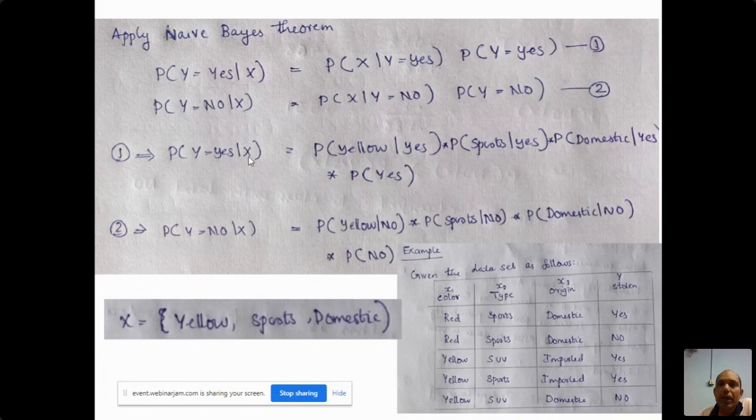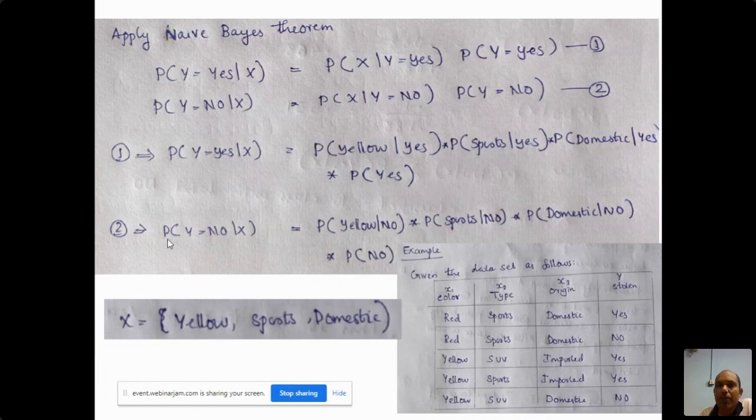So here y equal to S means you can formulate it in this way: probability of yellow, that is the color, when the class label is S. Similarly for the x2 feature, probability of x2 equal to sports given the class y equal to S. Similarly for this one, the class label is S, so you have to multiply by this one.